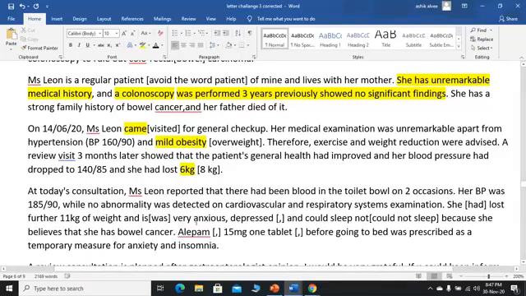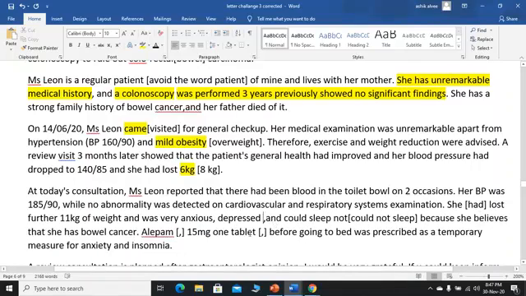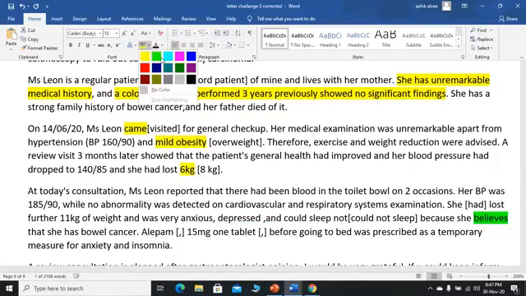So it should be she had lost further 11 kg of weight and was very anxious, depressed, comma, and could not sleep. Not could sleep not, should be could not sleep. And could not sleep because she believes that she has bowel cancer. She still believes that she has bowel cancer, so this is right.